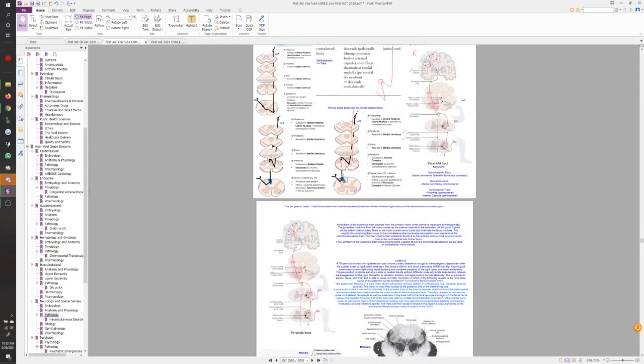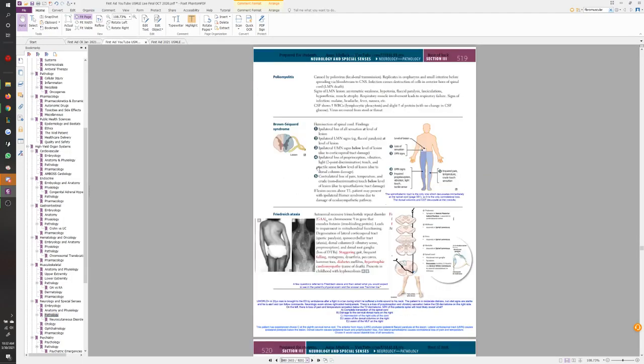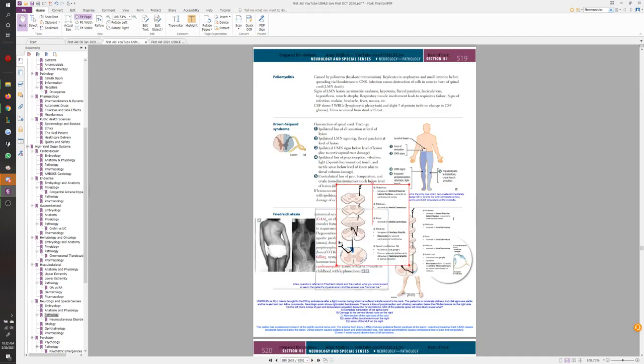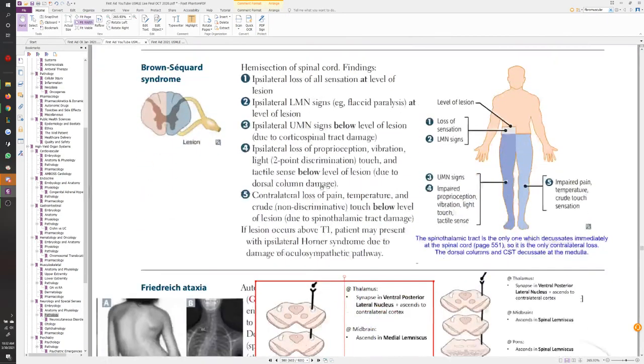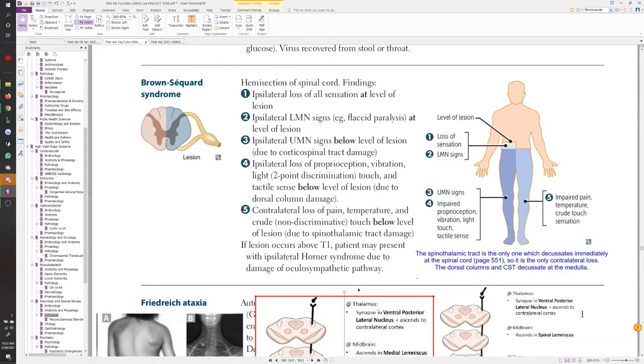And we'll just grab one of the dorsal column things. That should do the job. And put it right here. Okay. And then we can take a look at each one individually.